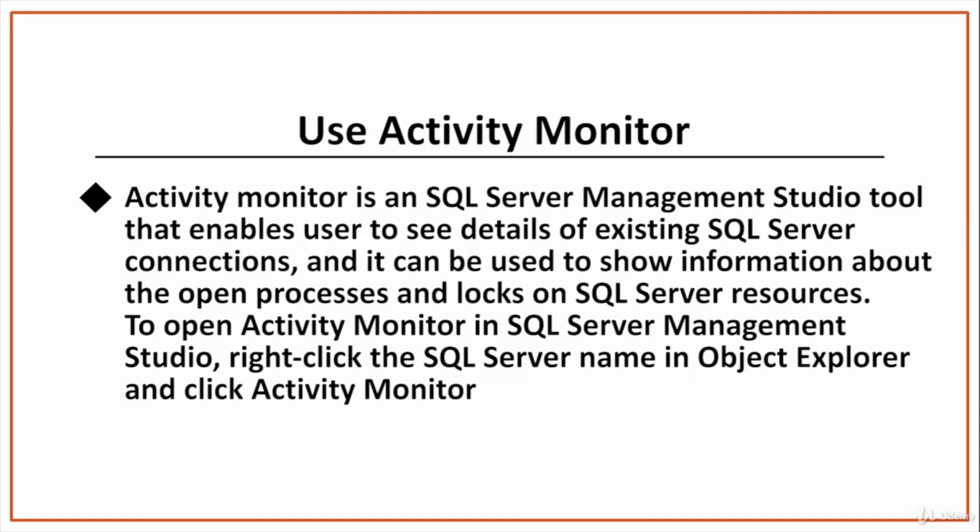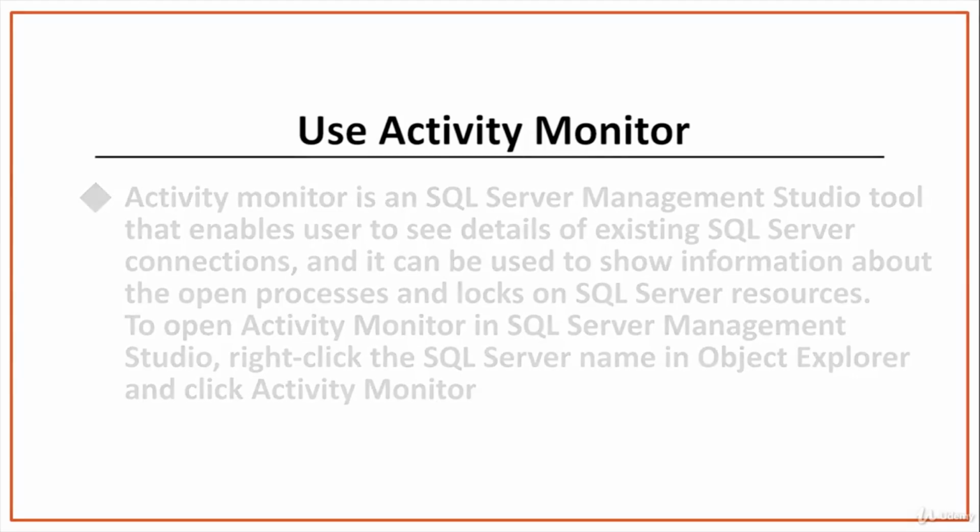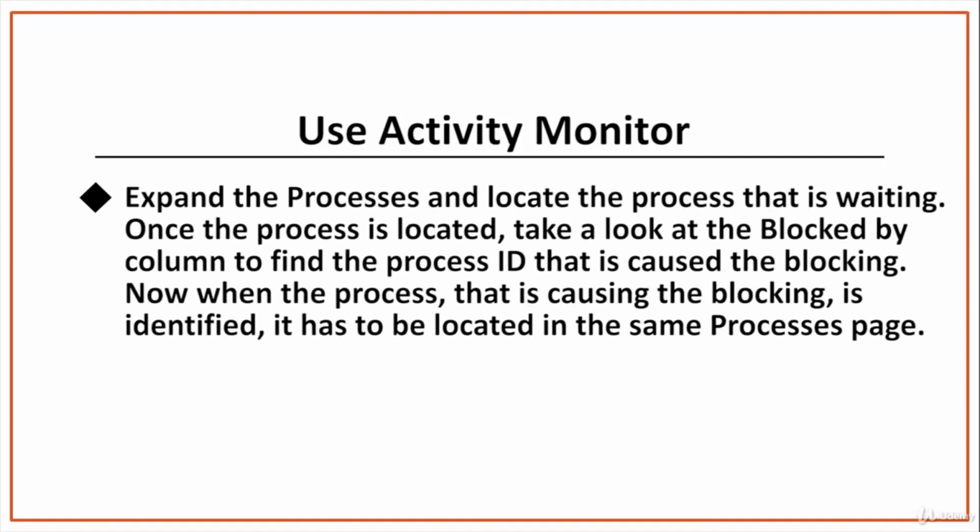To open Activity Monitor in SQL Server Management Studio, right-click the SQL Server name in Object Explorer and click Activity Monitor. Expand the processes and locate the process that is waiting. Once the process is located, take a look at the Blocked By column to find the process ID that has caused the blocking.